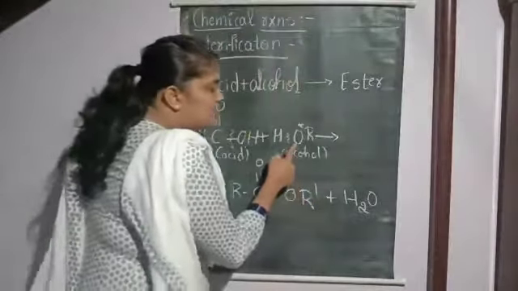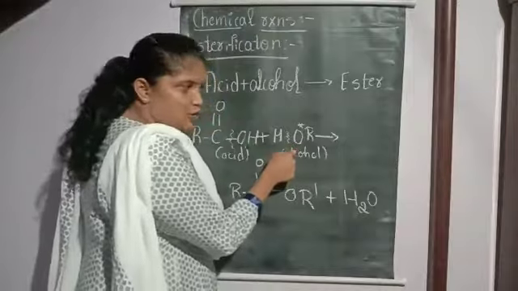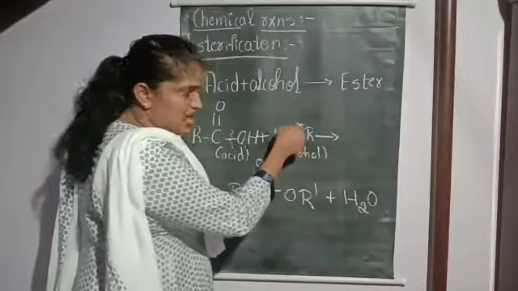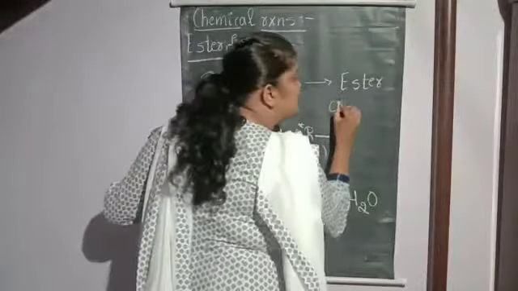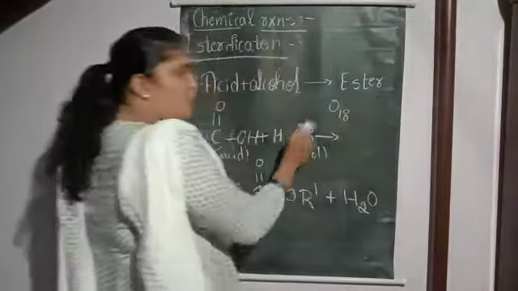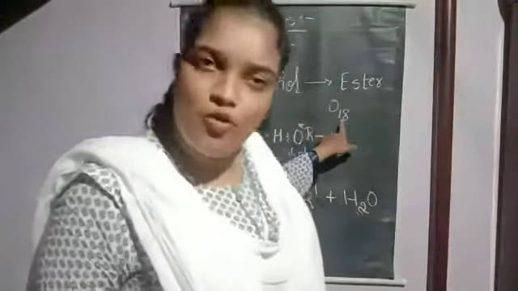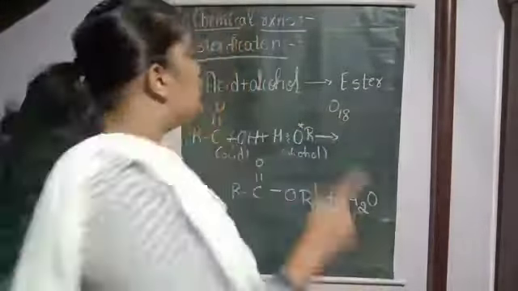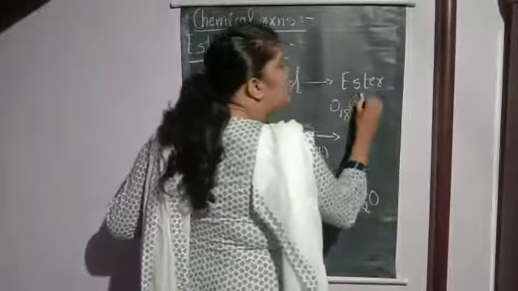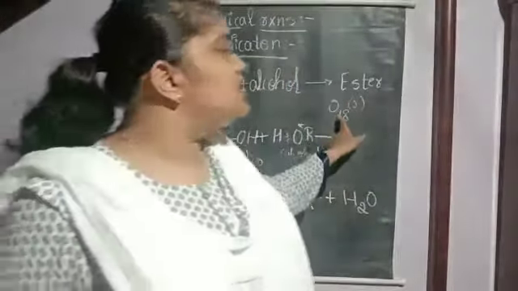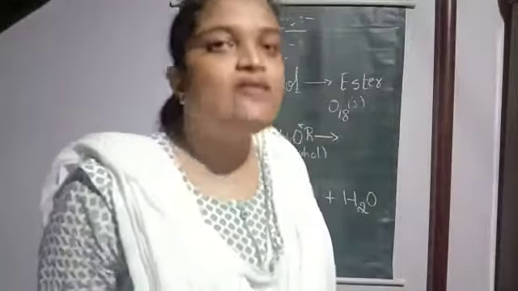Here, the oxygen which is being used, marked with a star, is actually an isotope of oxygen. This is an isotopic form of oxygen, O18, which is usually radioactive in nature.